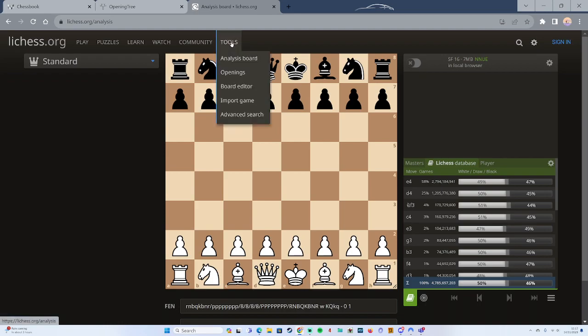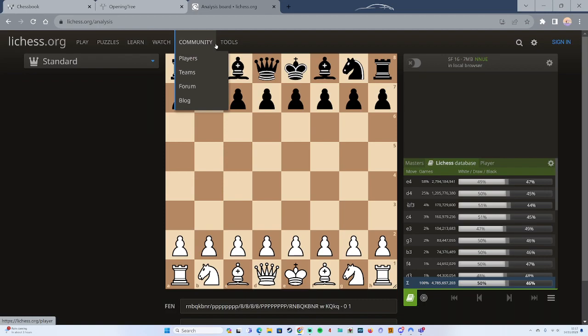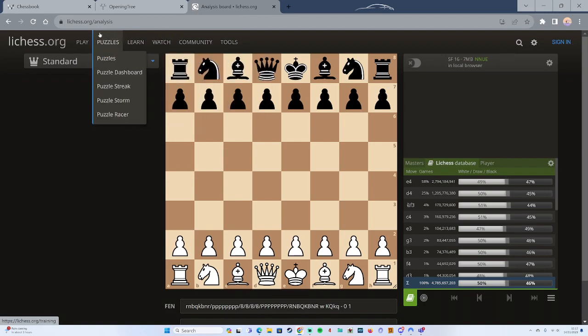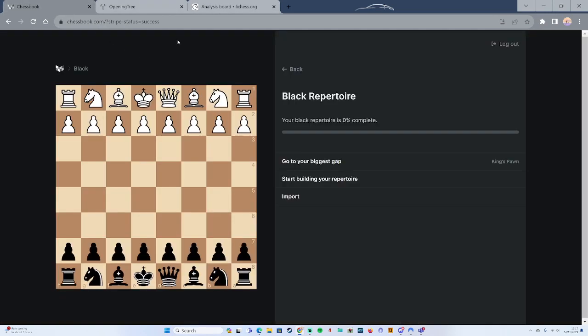There are some other tools that I'm not very familiar with, and I'm sure you could do stuff like make studies to help you learn openings, but I'm going to use this website, which is called Chessbook. And I haven't really used it much before, but I've heard about it. But essentially, it lets you start building your own repertoire.